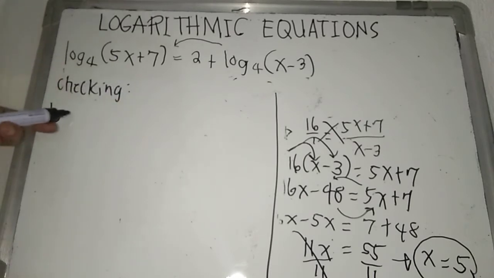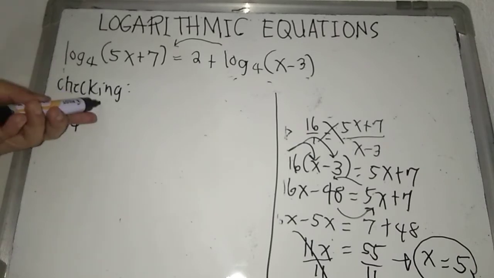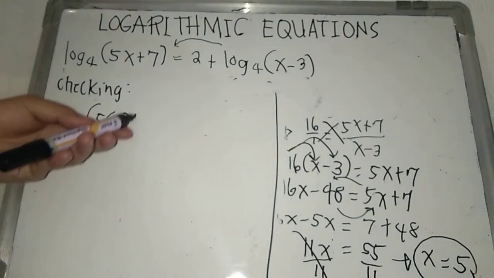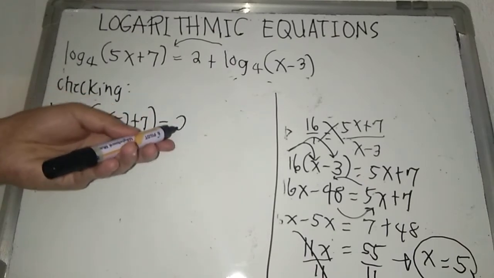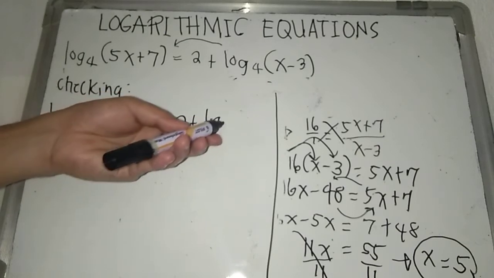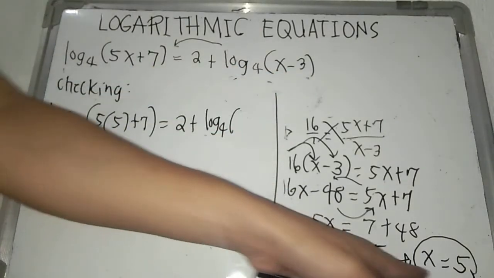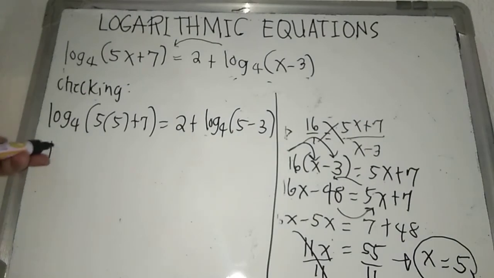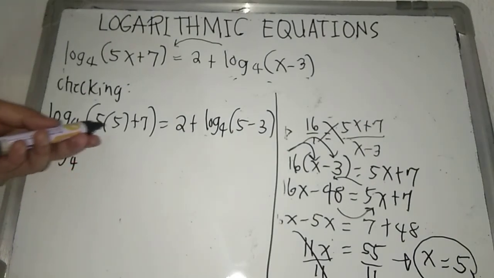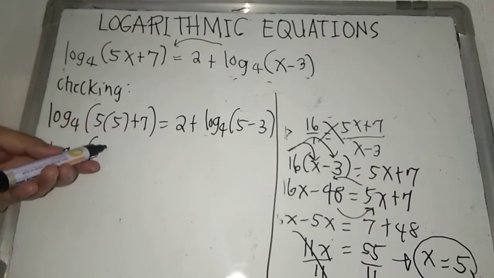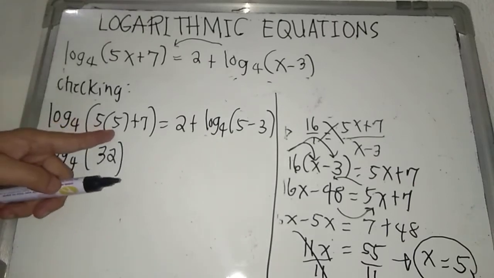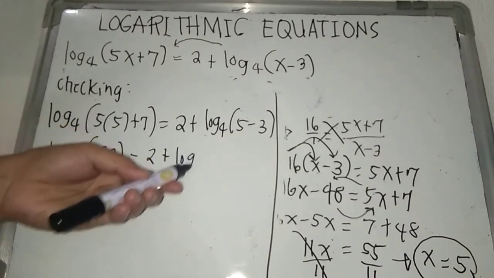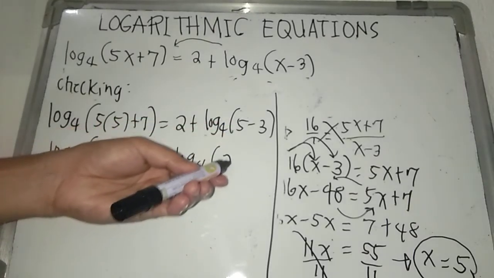So we have here log with the base 4 of 5 times 5 plus 7, and then copy your 2 plus log with the base 4, and then substitute x with 5 because we're going to check 5 minus 3. 5 times 5, that's 25, plus 7, this is actually 32, which is now equal to 2 plus log with the base 4 of 5 minus 3, that's 2.